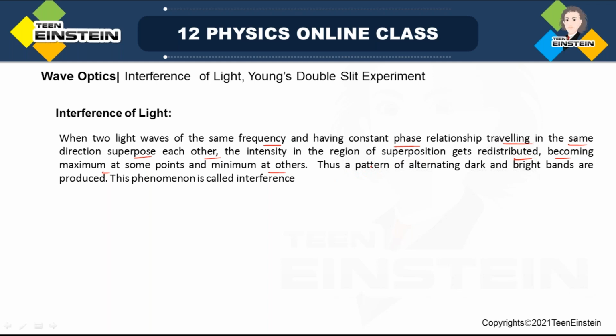Thus a pattern of alternating dark and bright bands is produced. This phenomenon is called interference, and it is obviously interference of light.